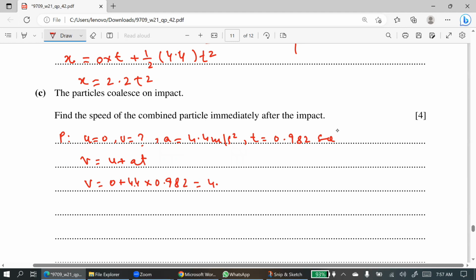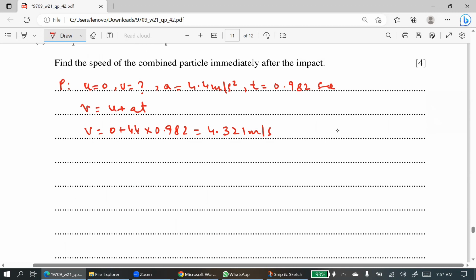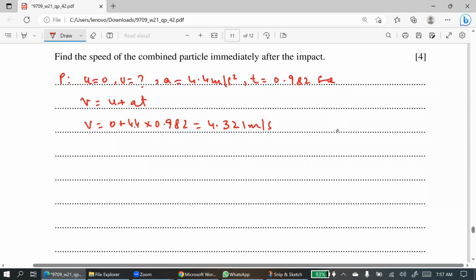The final speed is 4.321. This one is the speed of P at the instant when the impact took place.